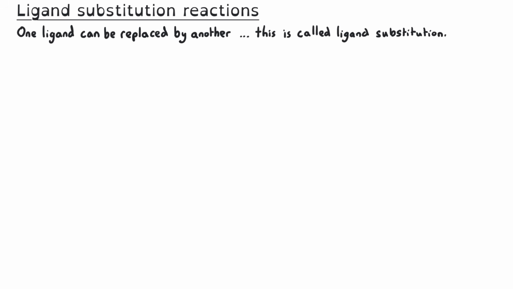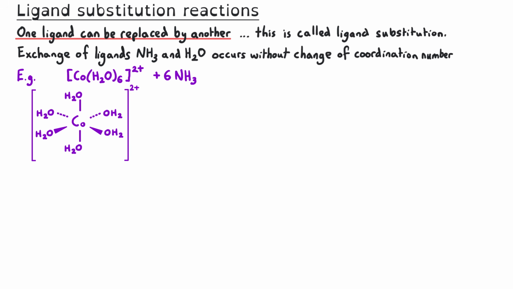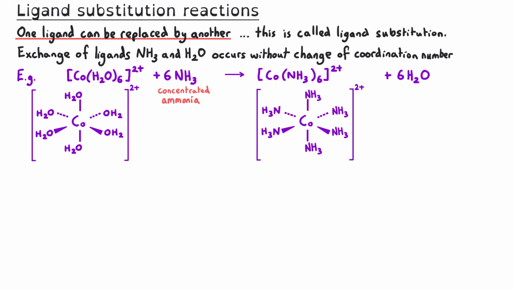In a complex, one ligand can be replaced by another, and this is called a ligand substitution reaction. Exchange of the ligands ammonia and water occurs without change of coordination number. For instance, if we have the hexaaquacobalt(II) complex that I'm showing here, and we add ammonia to it, perhaps by adding concentrated ammonia solution, what happens is all 6 of those water ligands get replaced by 6 ammonia ligands.